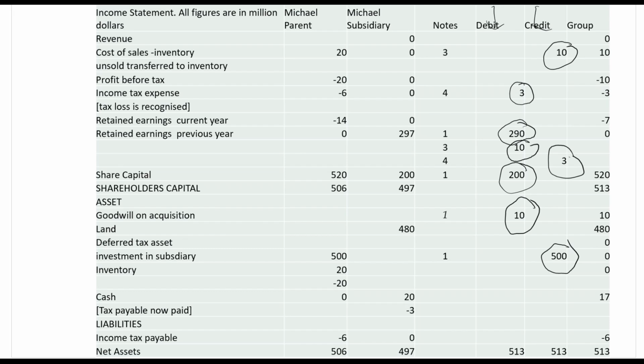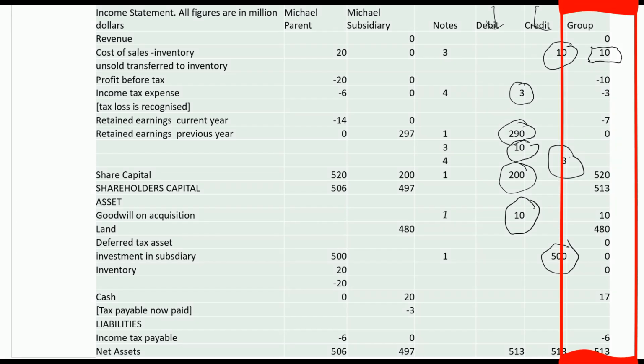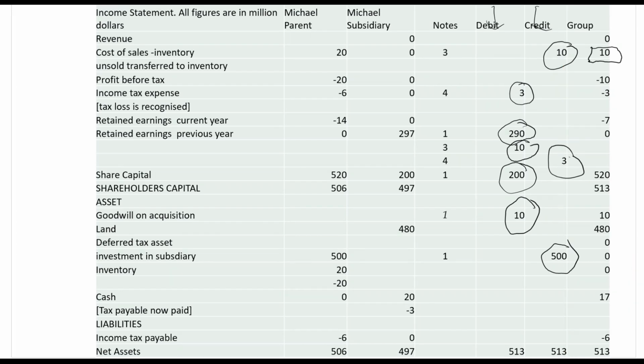So we can see, once we have prepared our consolidated financial statements, what we have is the cost of sales of 10 million that's remaining there. Because it's still not sold, it is still sitting there as profit before tax, but it's a loss at the moment, with the income tax expense, which is negative.